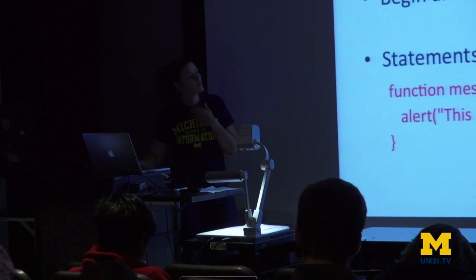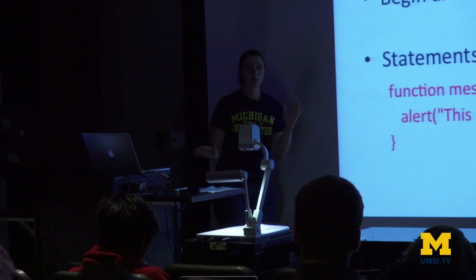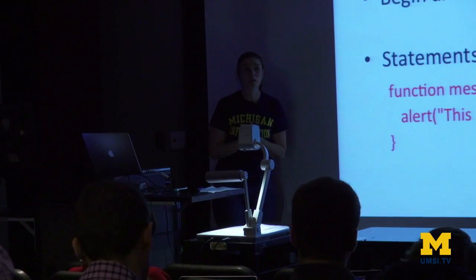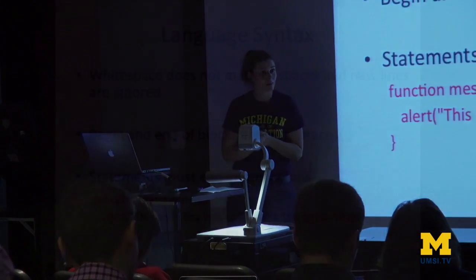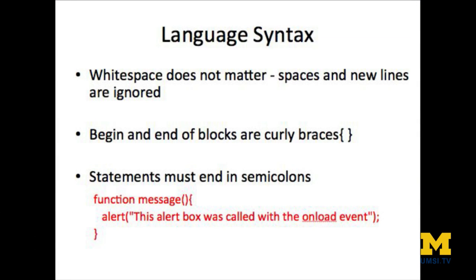All right, so a few kind of basics. With JavaScript, just like with HTML and with CSS, white space doesn't matter. Tabs, new lines, a bunch of spaces in between, those are all ignored. We do now use the curly braces for begin and end. If you want some sort of set or block of JavaScript to be considered together like a single statement, you'd use the curly brackets.